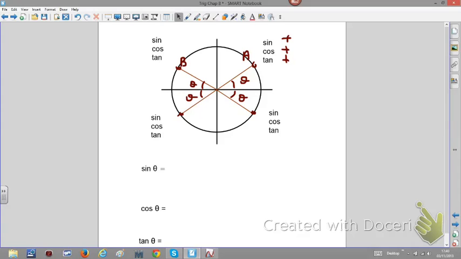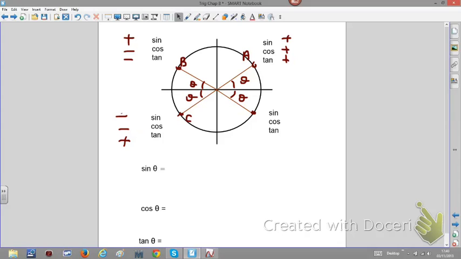In coordinate B, your sine, which is the y-coordinate, is positive, and cos, which is the x-coordinate, is negative, and tan is sine over cos, so that must also be negative. In the third quadrant, which is coordinate C, both the sine and the cos are negative, and tan is negative divided by negative, which is positive.